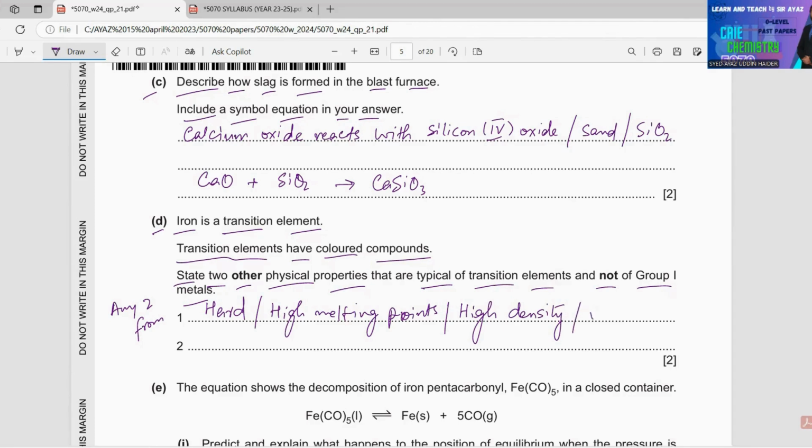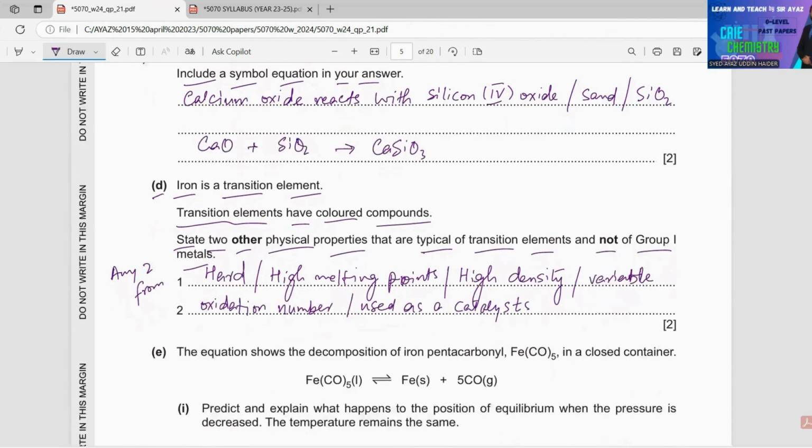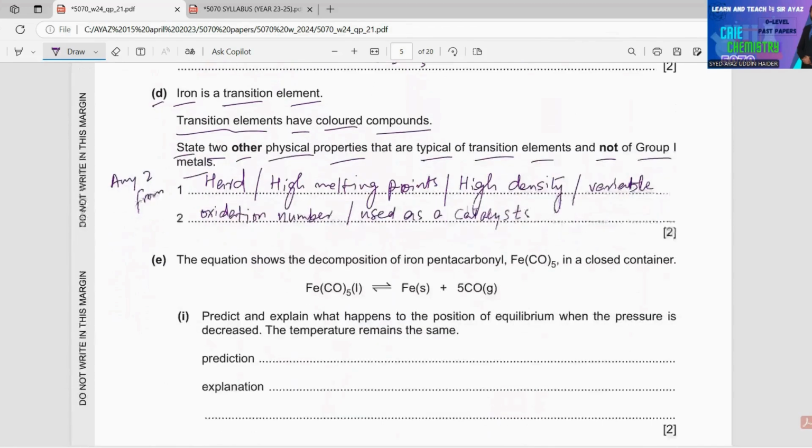They have variable oxidation number. Or they can be used as a catalyst. Group 1 metals are not used as a catalyst. So you can write any two from these.